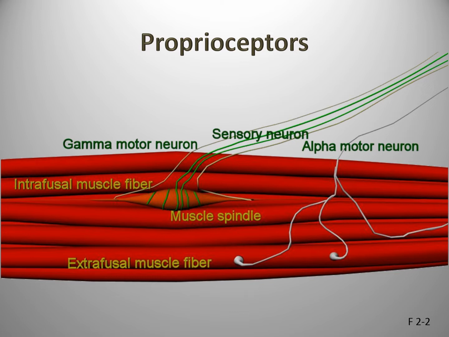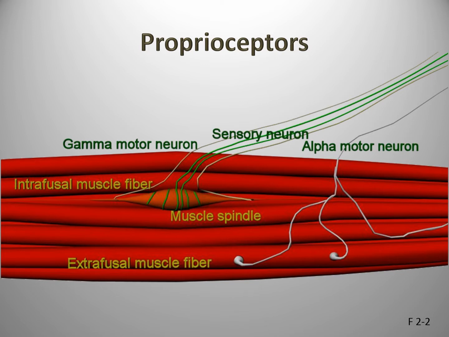In between the extrafusal fibers, we have a spindle, which is a proprioceptor, which in reality is a very specialized sensory receptor made out of 10 to 14 specialized muscle fibers, and they are encased in connective tissue, giving the shape of a spindle.